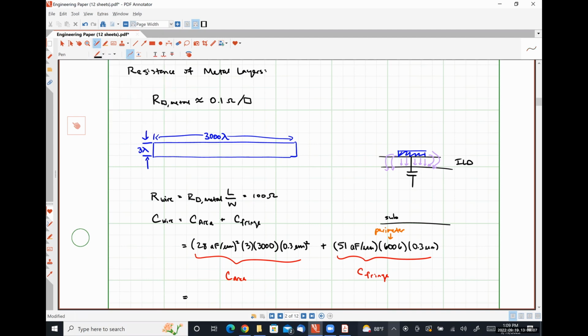Performing this calculation, we get 69.5268 femtofarads, where a large portion of that is actually coming from the fringe capacitance because we have a long skinny wire. The area isn't particularly large, but because we have so long a run, we get that particular value. So what's the delay time for this thing going to be?